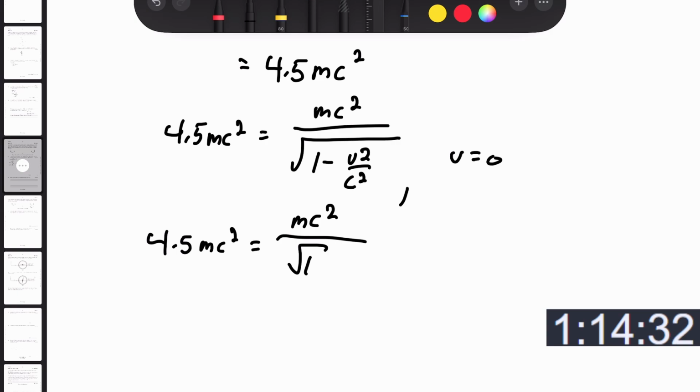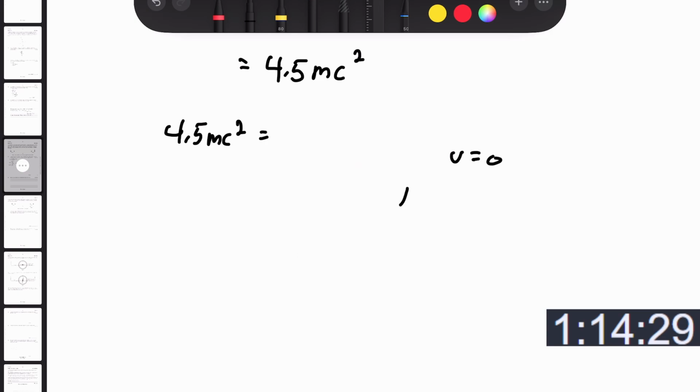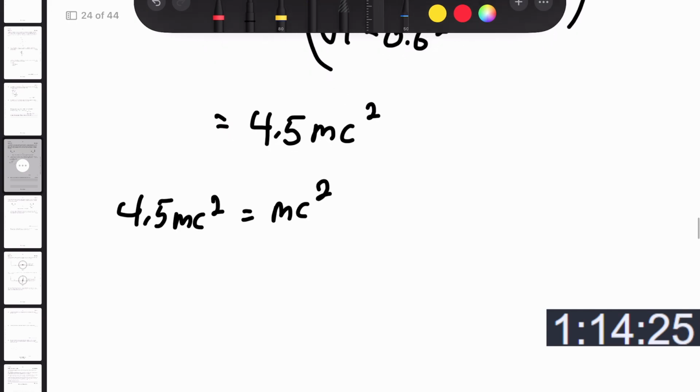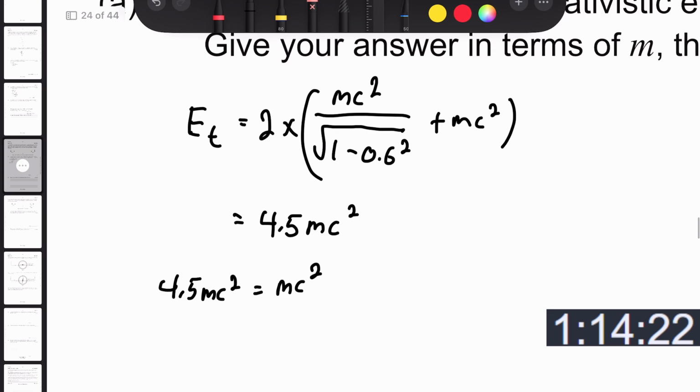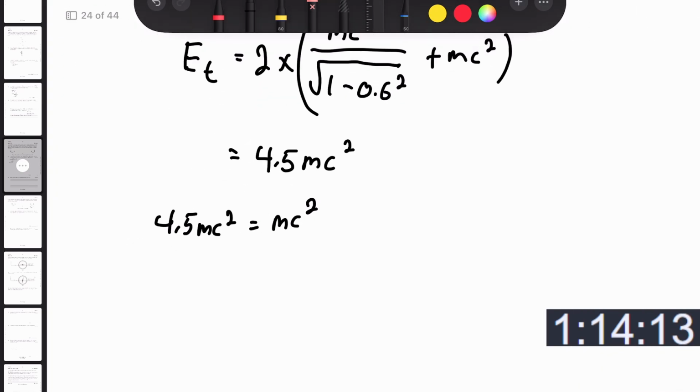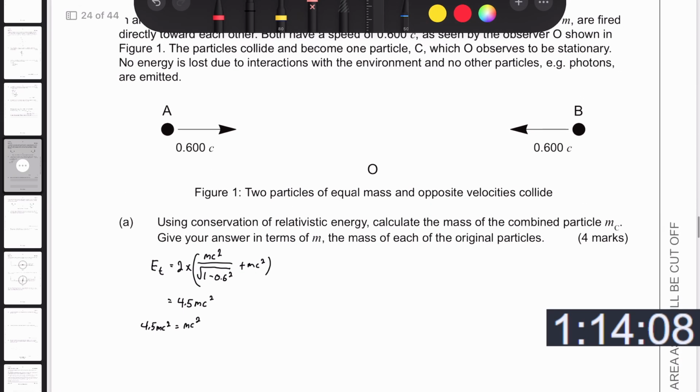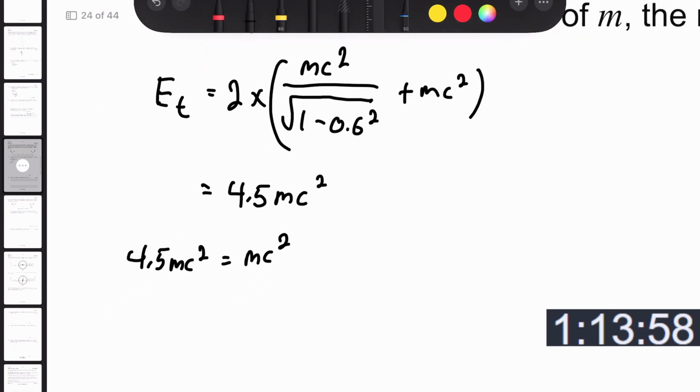Oh wait, no. It's going to be just equal to mc squared because there's no kinetic energy. I think that's where we're going with this. Calculate the mass of the combined particle mc in terms of m, the mass of each of the original particles.